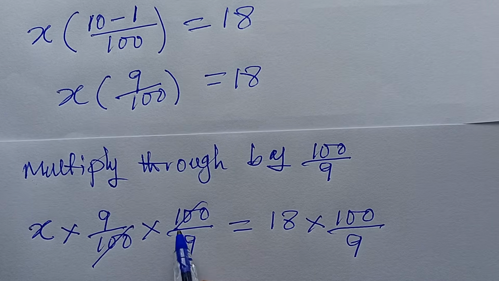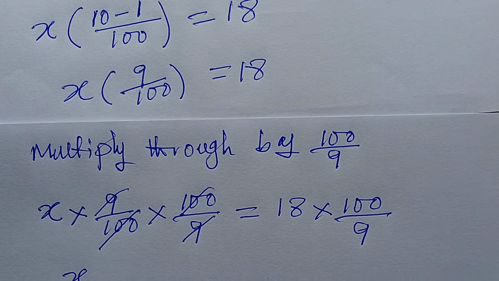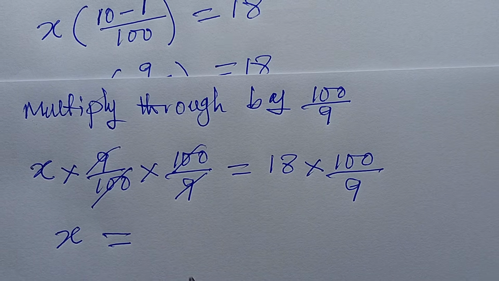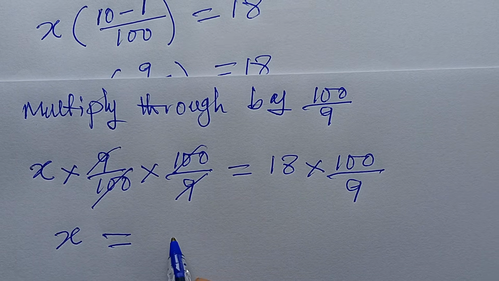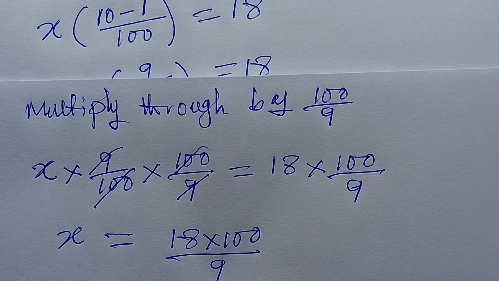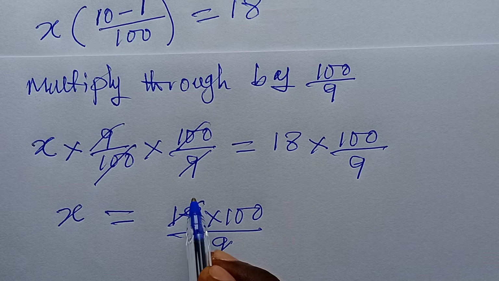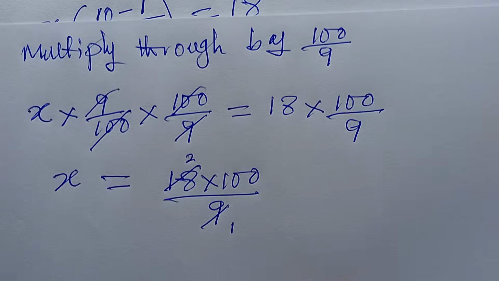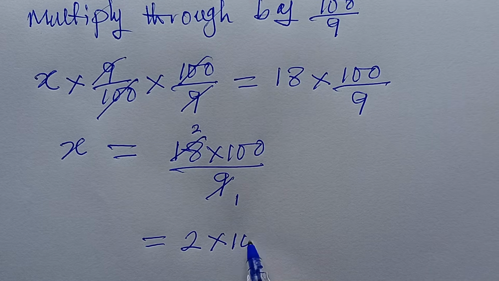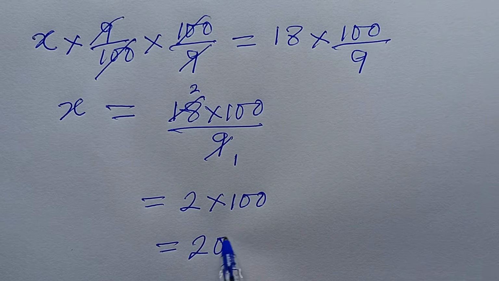So this will go with this, and this will go with this. So we are now left with our x on the left hand side of our equation. So x is equal to 18 times 100 all over 9. So 9 here will give us 1. Then 9 into 18 will give us 2. So we now end up having our 2 times our 100. So 2 times 100 will give us what? 200.